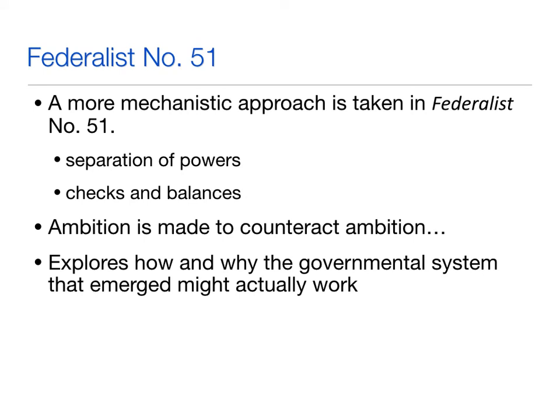And in Federalist 51, he addresses tyranny again through separation of powers and checks and balances. One way to cure the possibility of undue influence taking hold in our new government is to have ambition counteracting ambition.